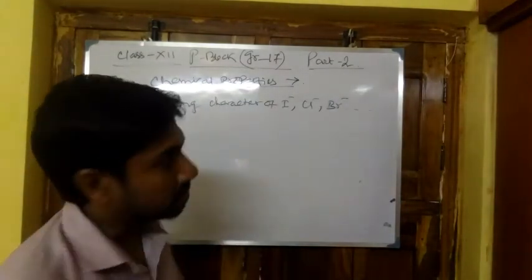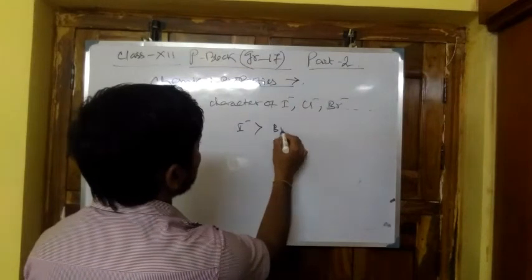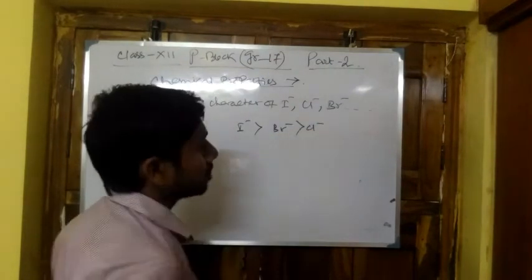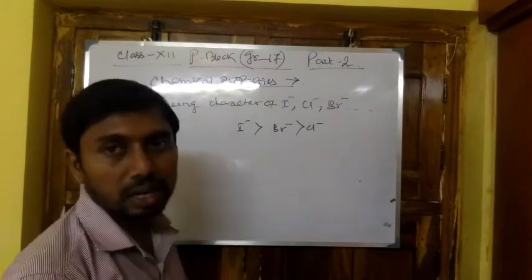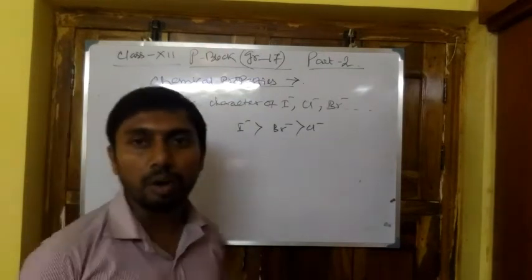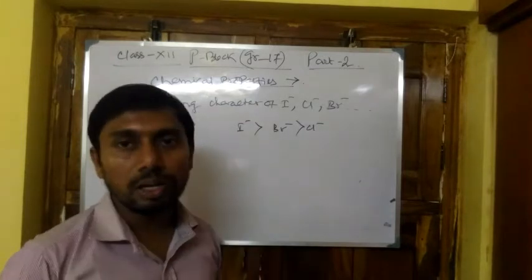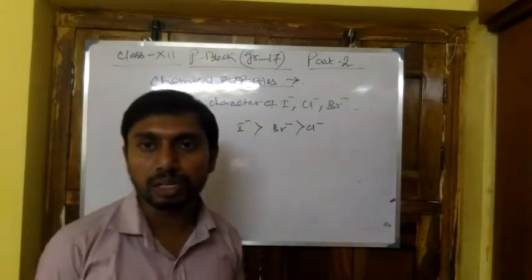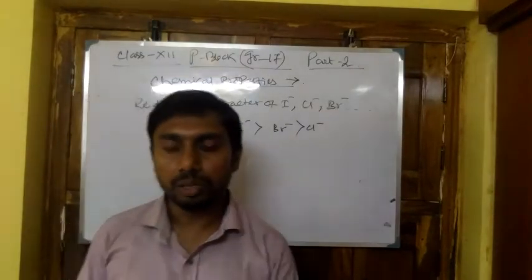So I minus is highly reducing, then Br minus, and then Cl minus. In the anionic form the reducing character is just the reverse of the molecular form. In molecular form it is Cl2 greater than Br2 greater than I2, but in the anionic form I minus is the most reducing.